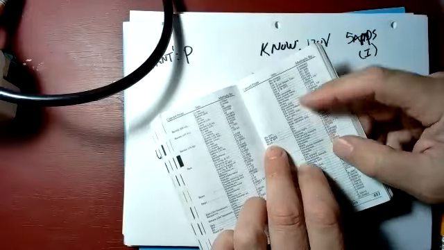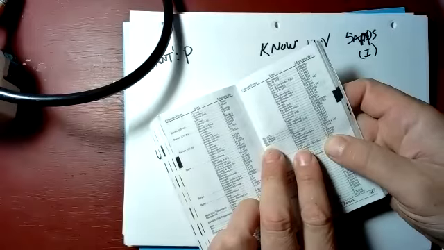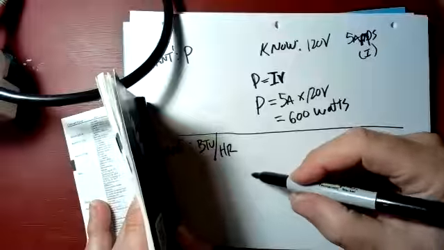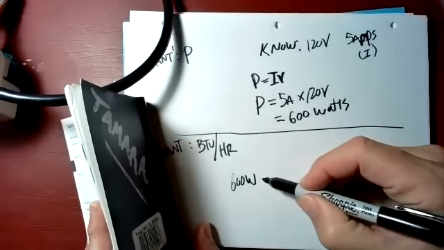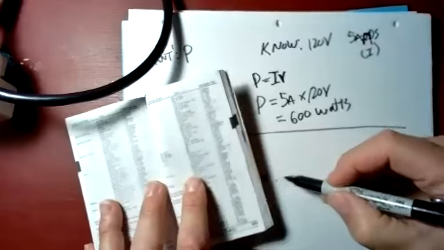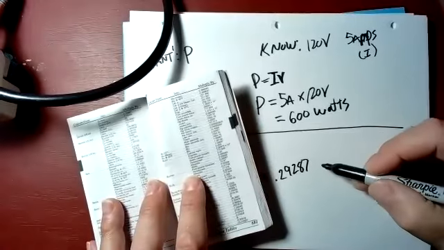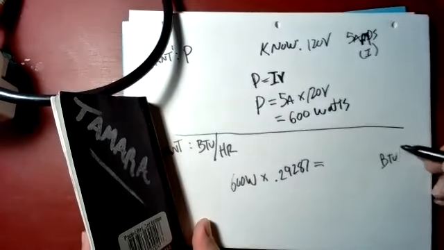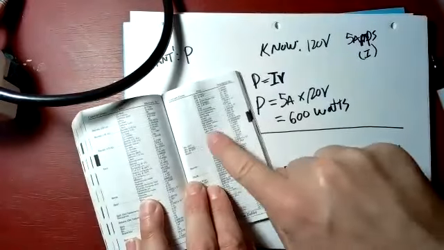I have to multiply by 0.29287. So I get a multiplier factor right out of this book. So 600 watts times 0.29287 equals some number of BTUs per hour.